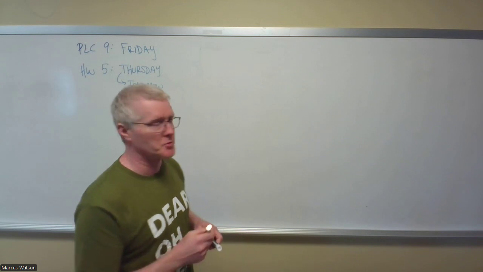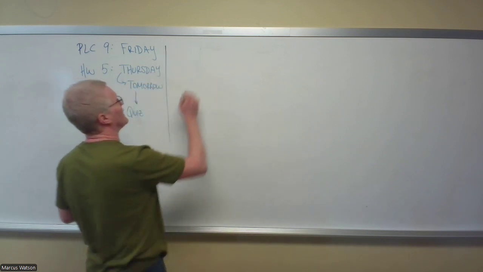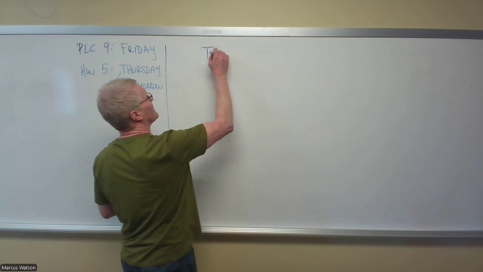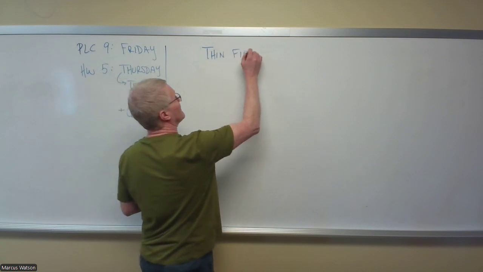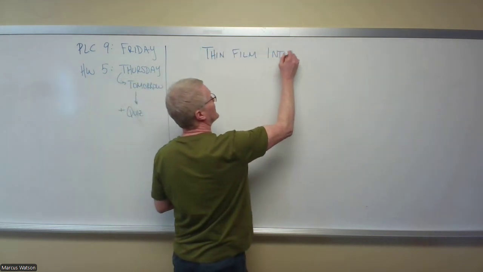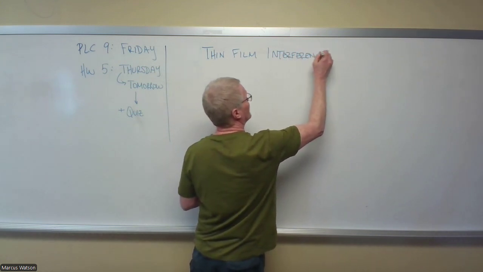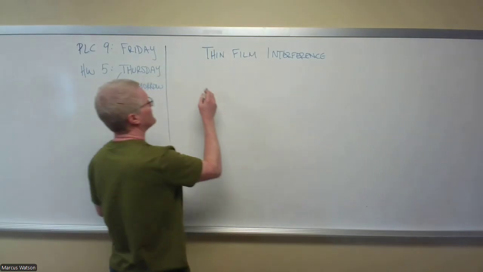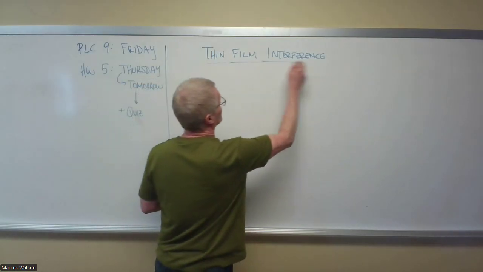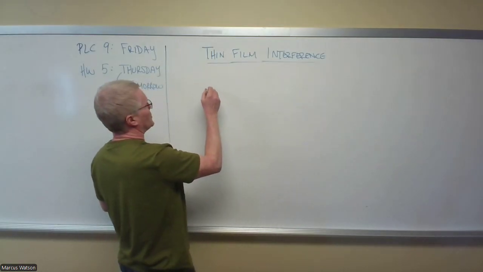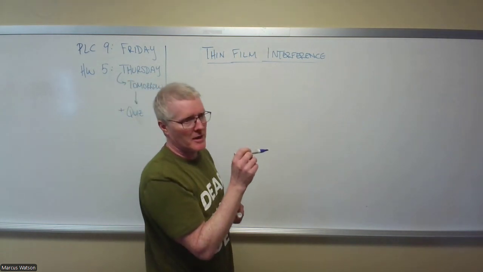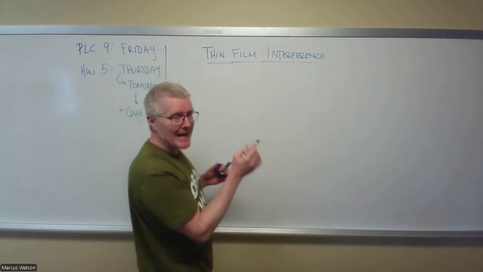Let's just describe Newton's rings for you really quickly, under the heading of thin film interference. Suppose that you have two pieces of glass.